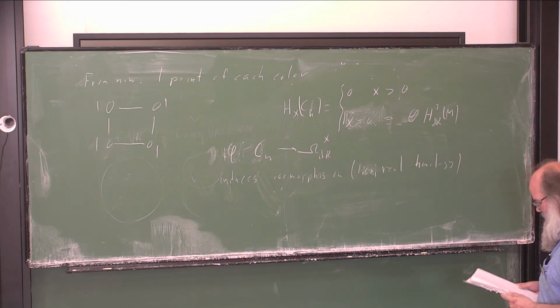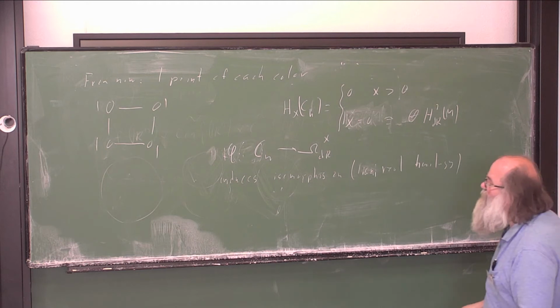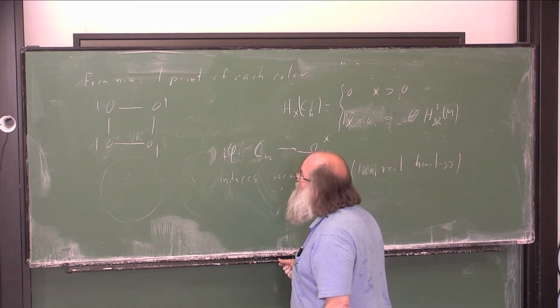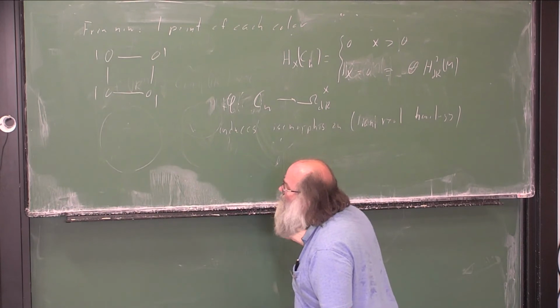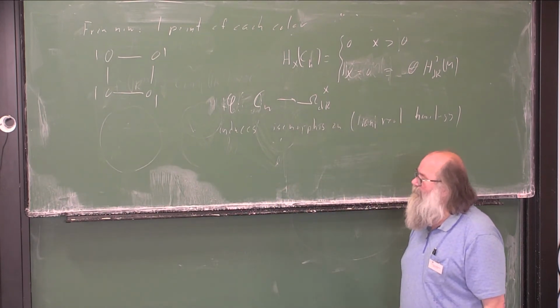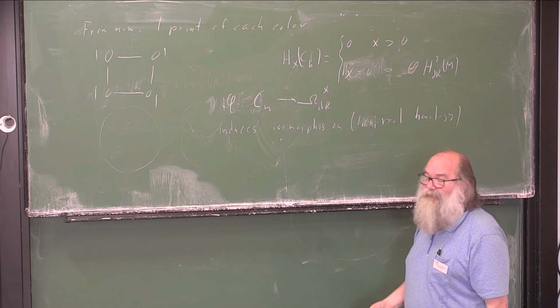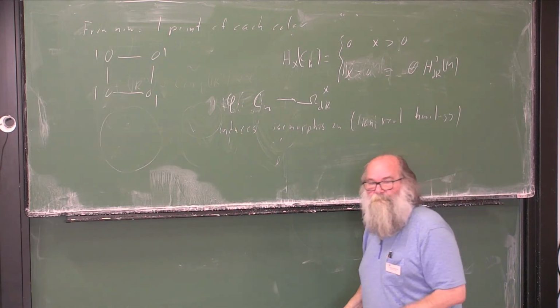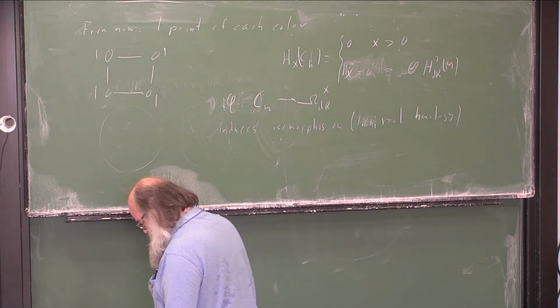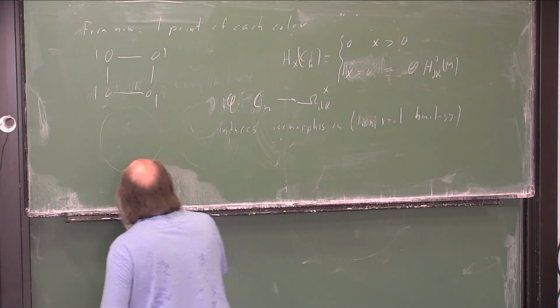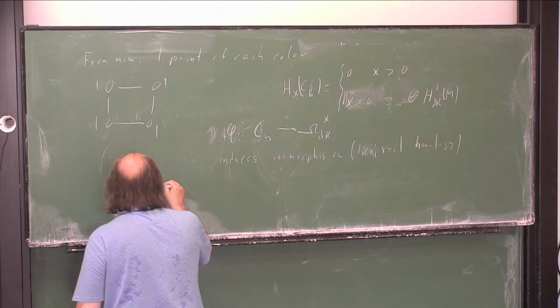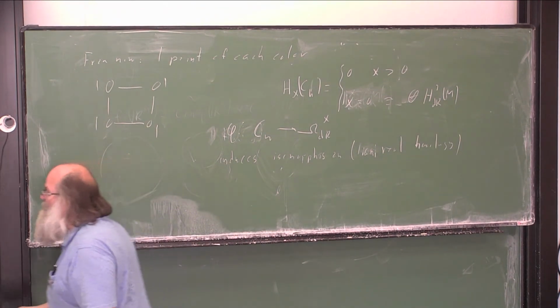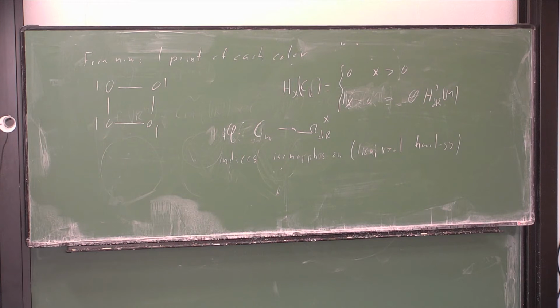And now my project is to use this to see if I can get information about the real homotopy type of these configuration spaces of graphs. Okay. So now you have a generator for CK, a base element in CK. This was one of these graphs.